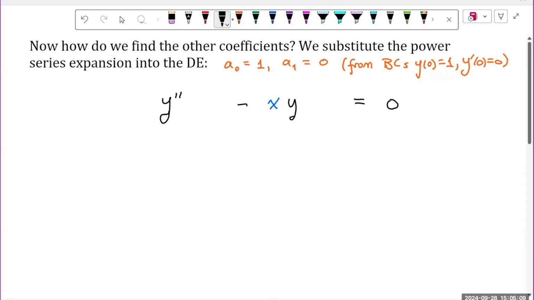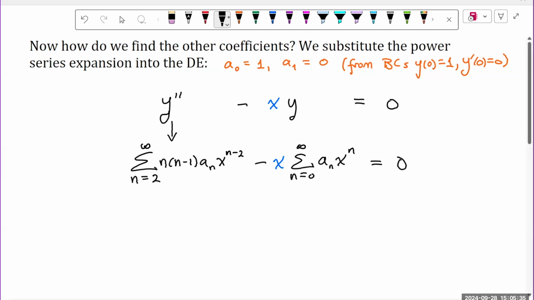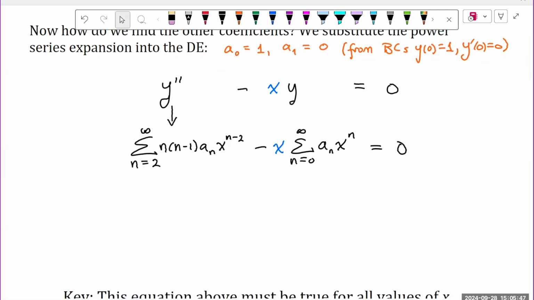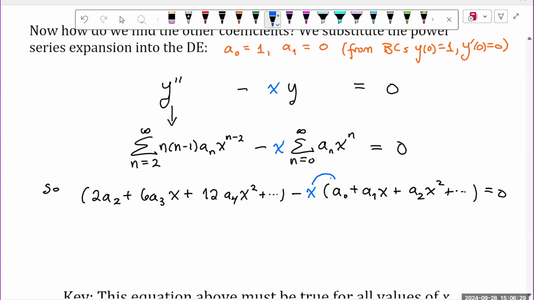Plugging in the second derivative of our power series, we have y double prime is the series n equals 2 to infinity, n times n minus 1, a sub n, x to the n minus 2, which we figured out on the previous page, minus x, which is not part of the power series, it's our coefficient, times the series for y, which is n equals 0 to infinity, a sub n x to the n. That all gets set to 0. We can now write these out in long form in cluster terms. First, I will pull the x inside the second series.